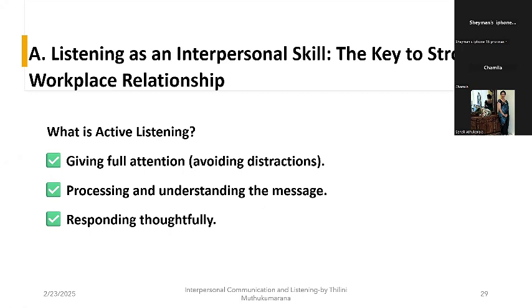Processing and understanding the message, where does that happen in our human body? In our brain? Yes, very good. It happens in our brain. So it's very important that when you engage in active listening, your brain processes, right? And also through that you respond thoughtfully.